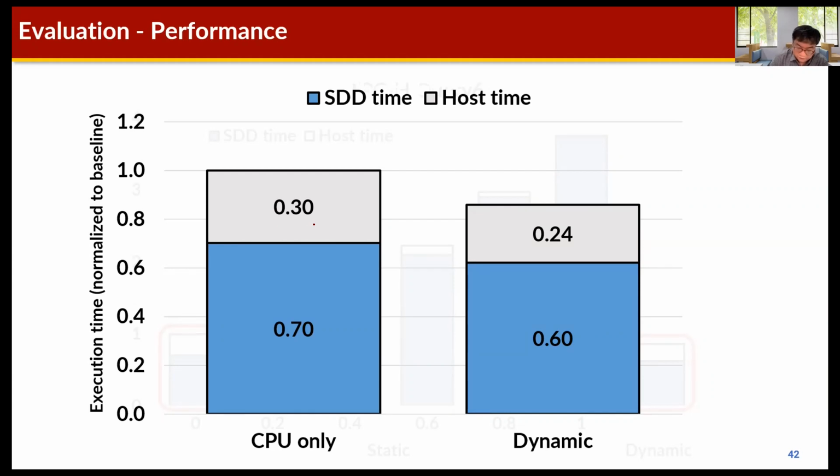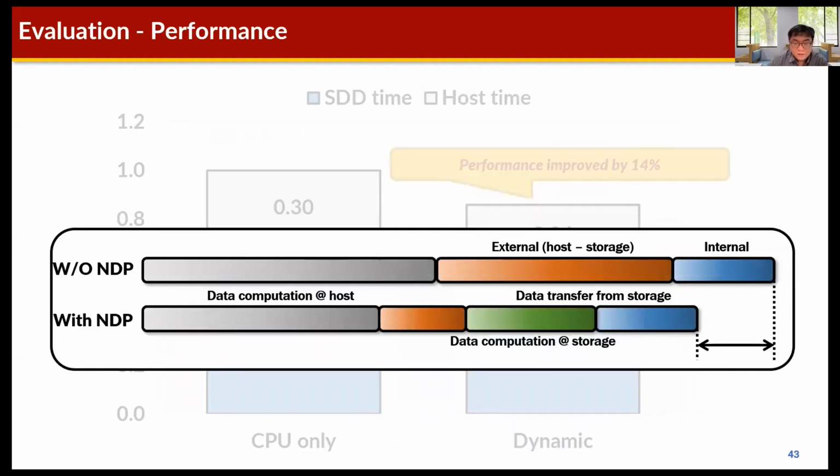When dynamic NDP is applied, the SSD time and the CPU time are reduced to 0.6 and 0.24 respectively. So with NDP, we can reduce the execution time of the application because the host time is reduced, and also the SSD part is reduced.